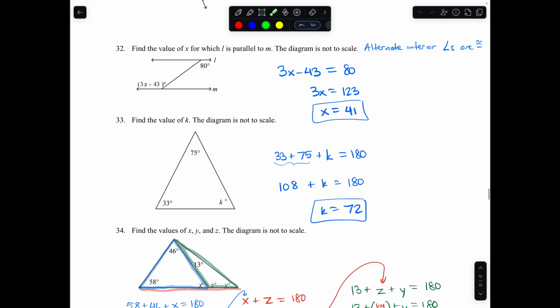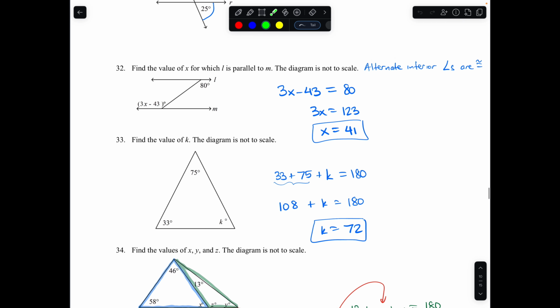Number 32, parallel lines and a transversal. Find the value of x for which L is parallel to M. So actually, we aren't told that these are parallel. We need to find out what value of x would make them parallel. And we're relying on the fact that if they are parallel, then alternate interior angles need to be congruent.